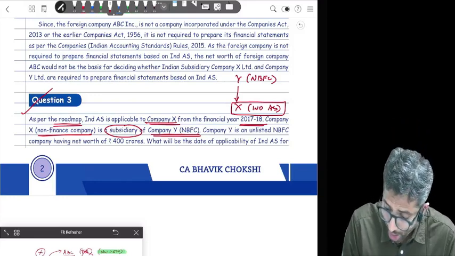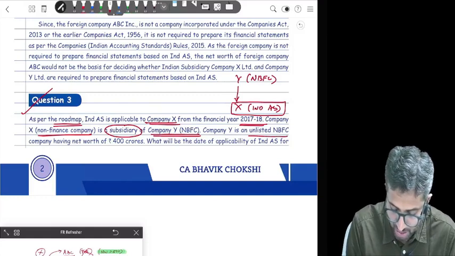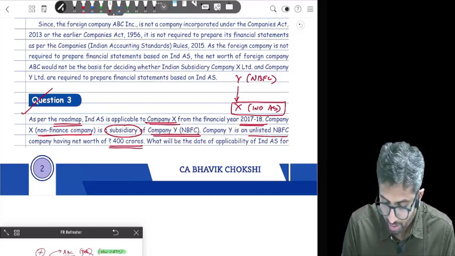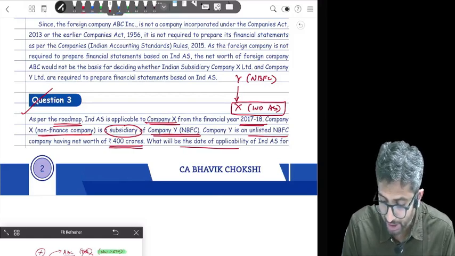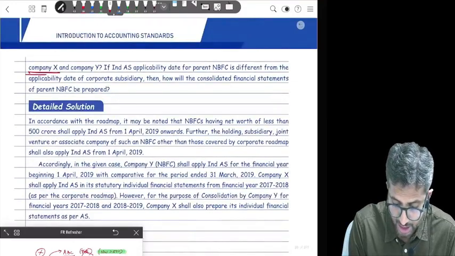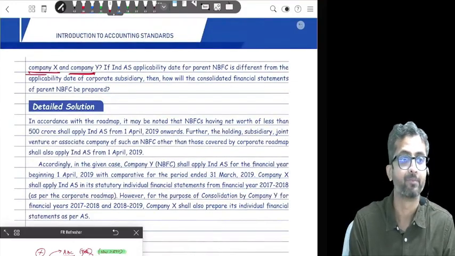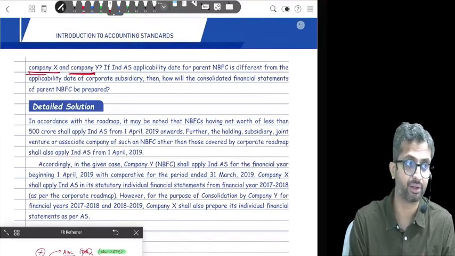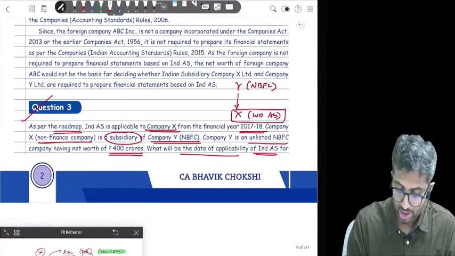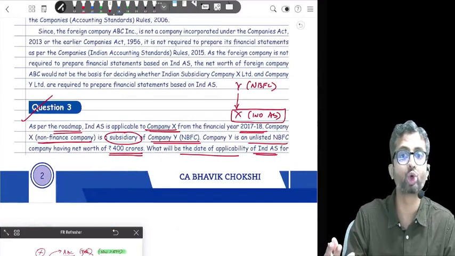Okay. Y is an unlisted NBFC having a net worth of 400 crores. What will be the date of applicability of Ind AS for company X and company Y? Now company Y is an NBFC. NBFC's roadmap tells you what? That it is a +2 roadmap.